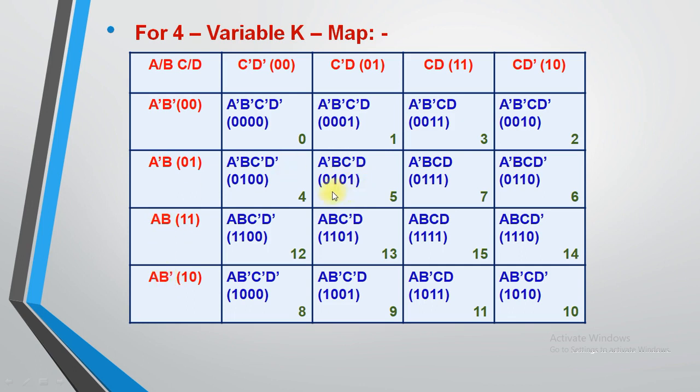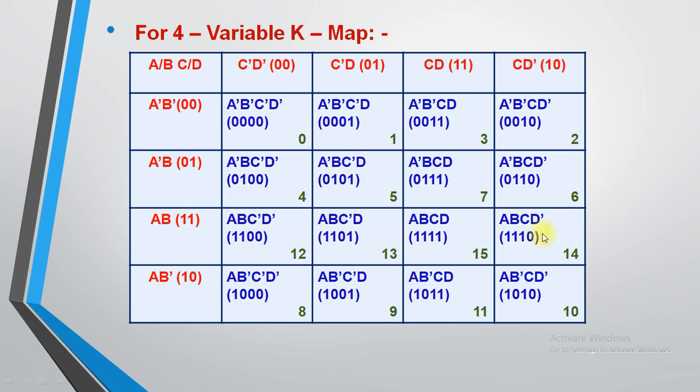How to form a combination? 0 0, 0 1, 1 0, 1 1. Right? Based on that, you can write the combinations like A dash B dash, A dash B, AB and AB dash. Similarly, with the column numbers C dash D dash, C dash D, CD and CD dash.